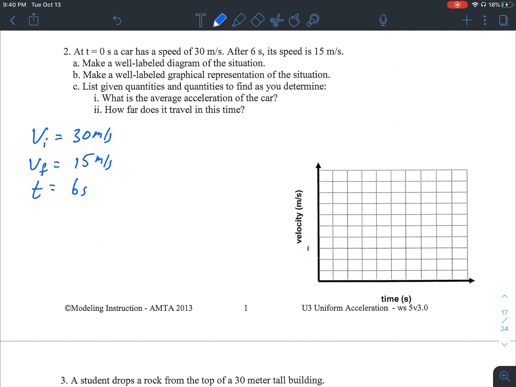So I'm just going to go by tens every 3 blocks, and then we're going all the way out to 6 seconds, maybe every 3 blocks down here, making sure I hit them evenly. So our initial velocity of 30, final of 15, which would fall someplace around here. And then we can draw our line. And then we have our graph.